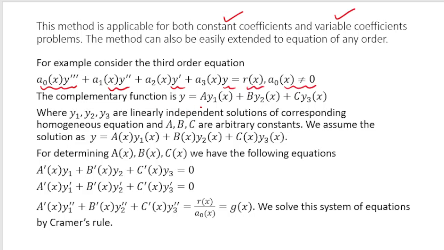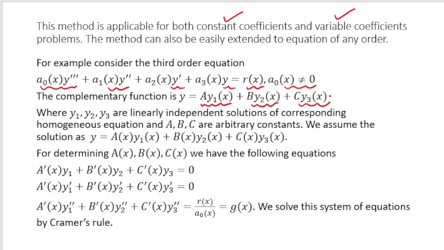And suppose its complementary function is written as a into y1(x) plus b into y2(x) plus c into y3(x), where y1, y2 and y3 are linearly independent solutions. Because it is a third order linear differential equation, it will have three linearly independent solutions, right? And a, b and c are arbitrary constants, right?